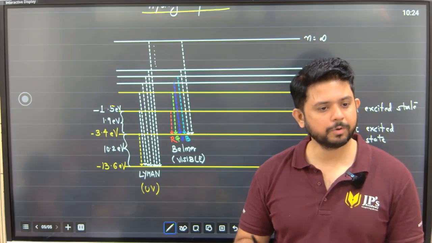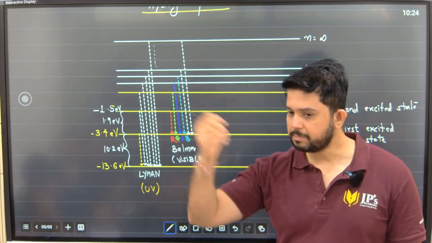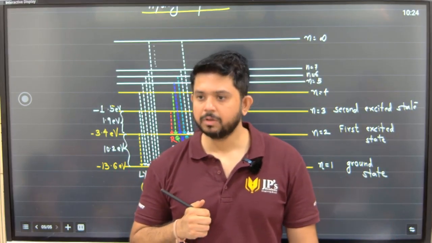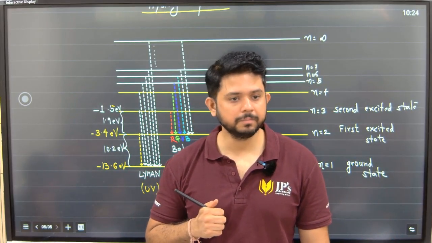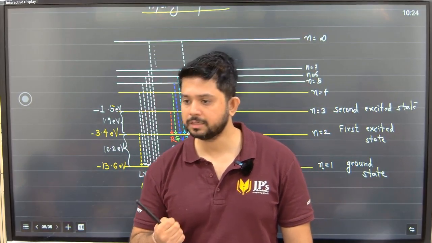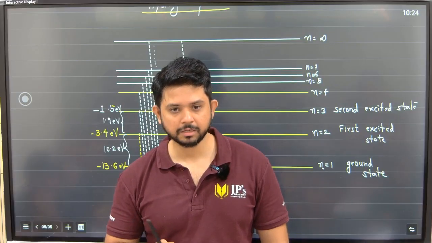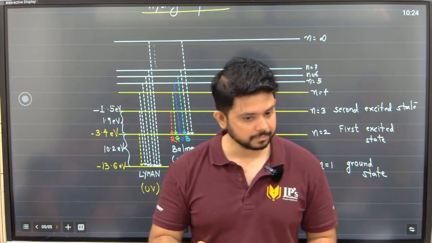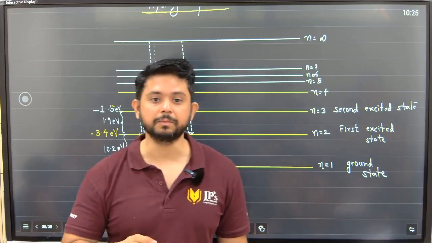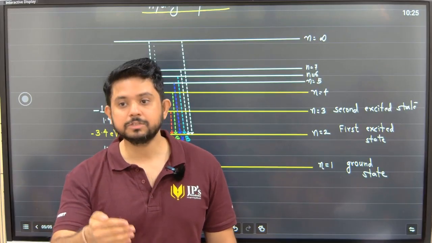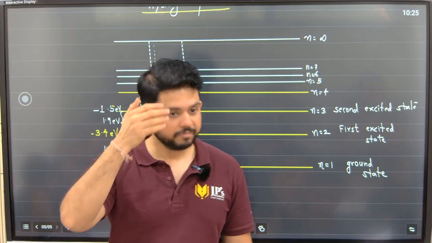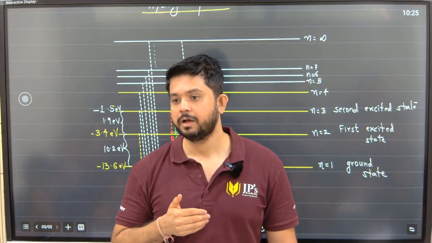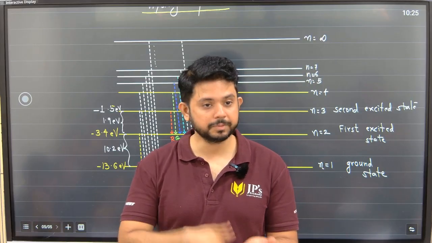Okay. Why is this so important? For example, what is the sun made up of? Helium. How do we know that? We didn't go to the sun, right? You get light, you see its spectrum. That tells you what that source of light is made up of. Spectrum is like a thumbprint.